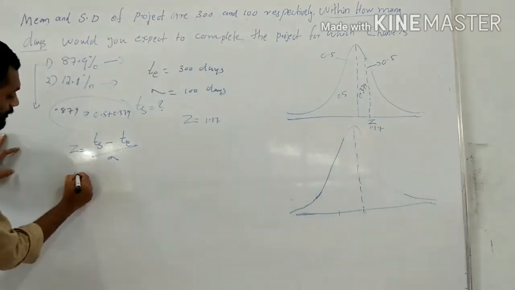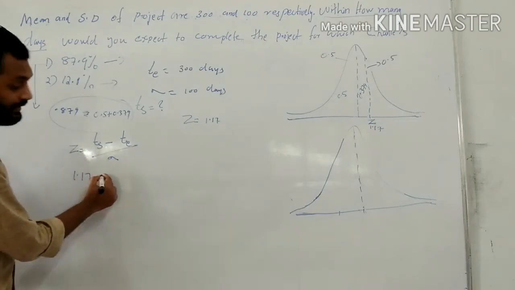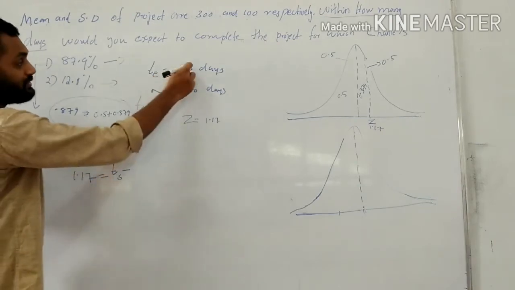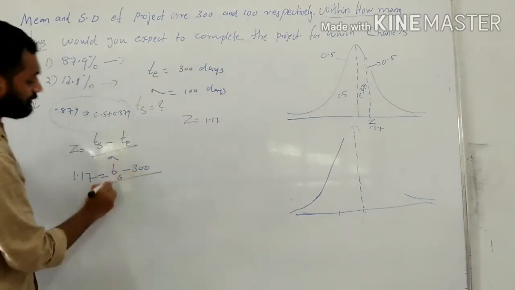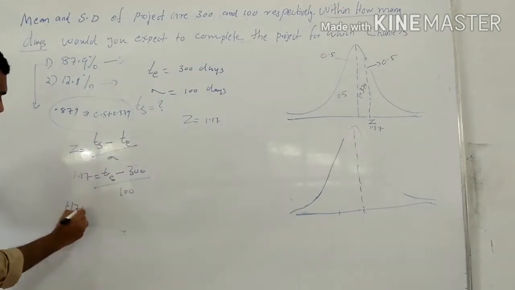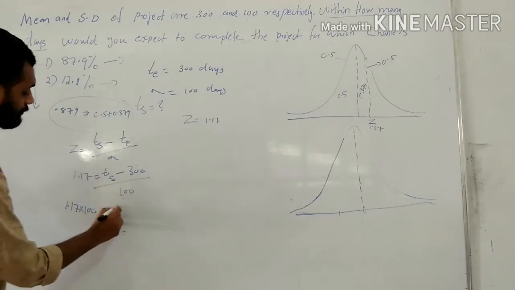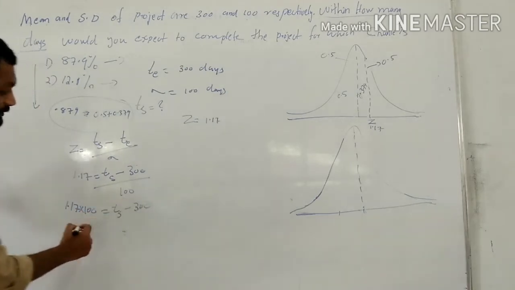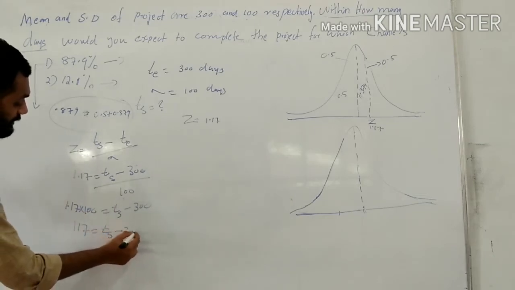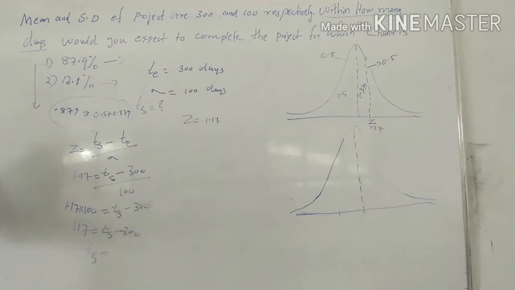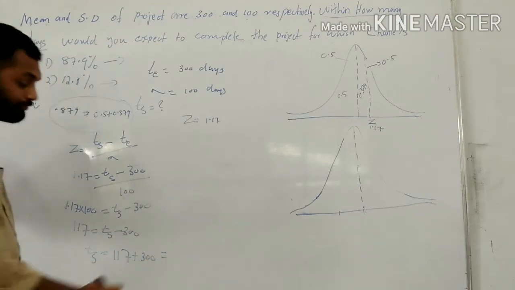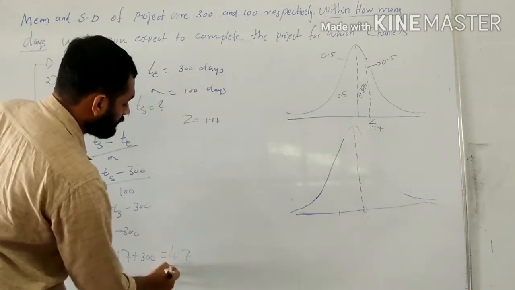So 1.17 is equal to TS minus expected duration 300, divided by standard deviation 100. 1.17 into 100 is equal to TS minus 300. That is 117 is equal to TS minus 300. TS, the scheduled time, is equal to 117 plus 300, that is 417.